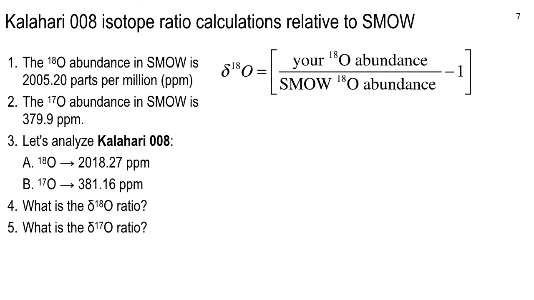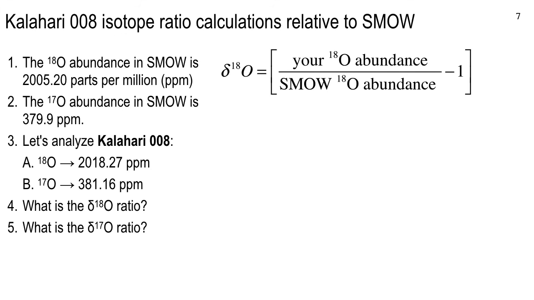With respect to your question, when you're doing the delta 18 or the delta anything, make sure that if your denominator is parts per million, your numerator is also parts per million. If your denominator is parts per billion for some other isotope, then make sure that the number you stick in on top is parts per billion. Okay.